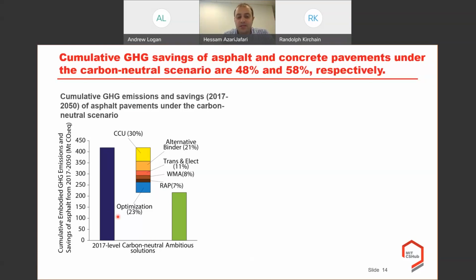First of all, optimization was implemented, then RAP, WMA, transportation and electricity, alternative binders, and at the end, carbon capture and utilization for aggregates. We can see that for asphalt, we expect 48% reductions of the GHG emissions during this analysis period by 2050.